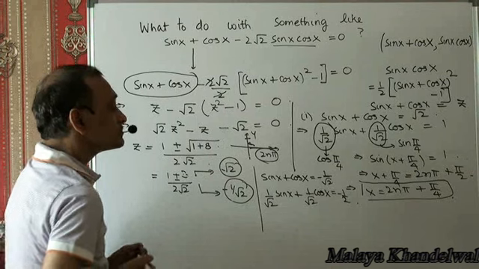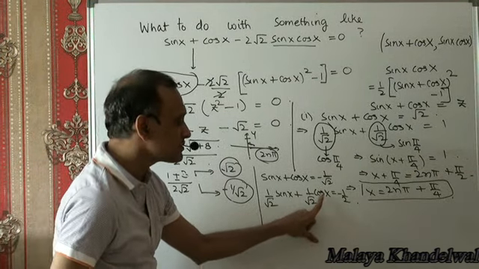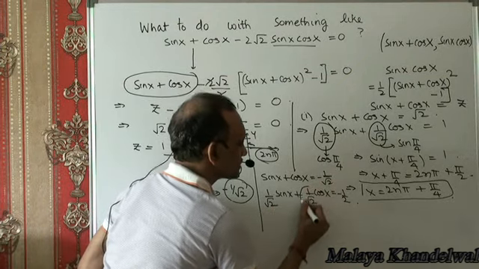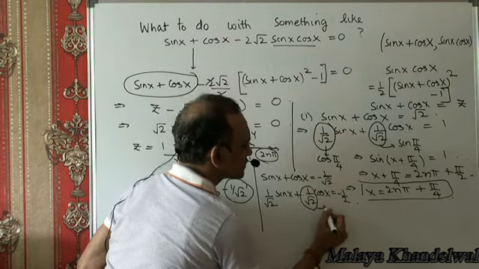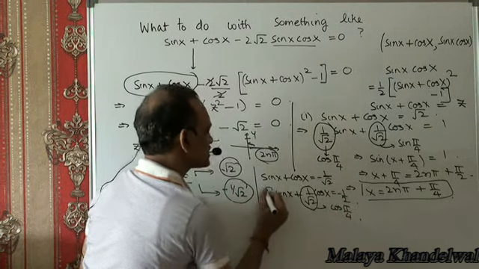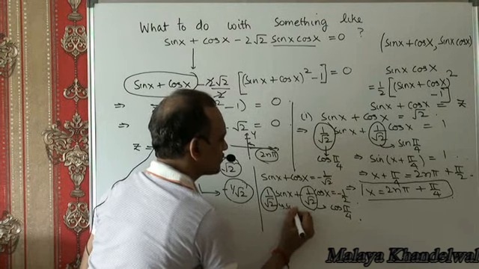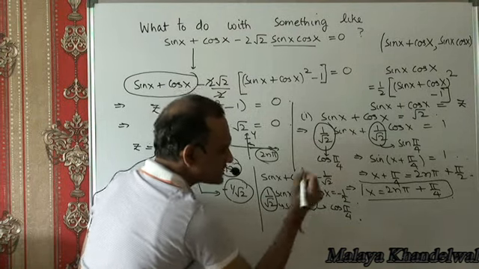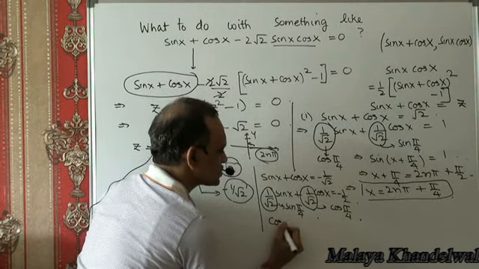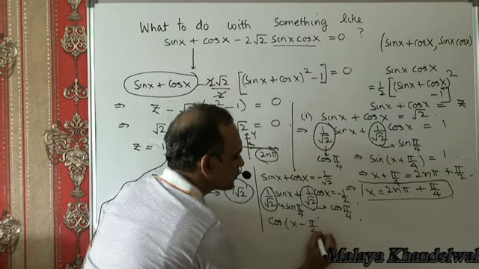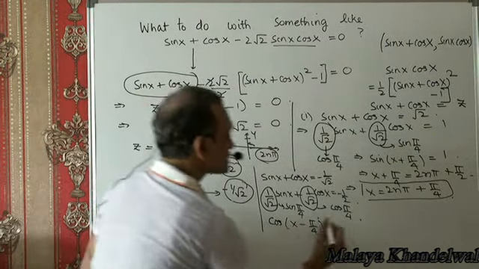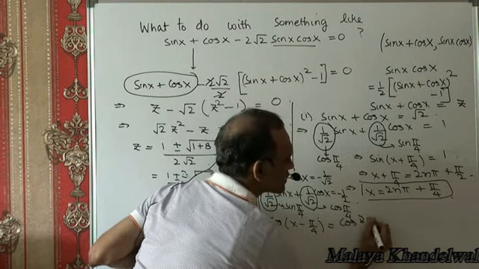And again, this could have been written as cos A cos B plus sin A sin B. I could have written this as cos of pi by 4 and this as sin of pi by 4. And then I end up getting cos A cos B plus sin A sin B, which is cos of A minus B: cos of x minus pi by 4 equal to minus half. Minus half is cos 120 degrees, which is cos 2 pi by 3.